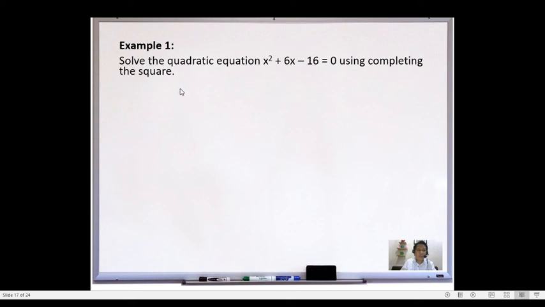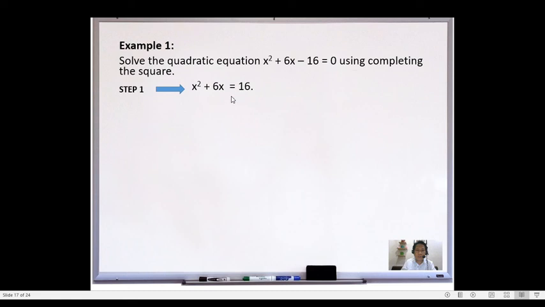Okay, example number 1. We're going to solve the quadratic equation x squared plus 6x minus 16 is equal to 0 using completing the square. So step 1, that is x squared plus 6x is equal to 16.